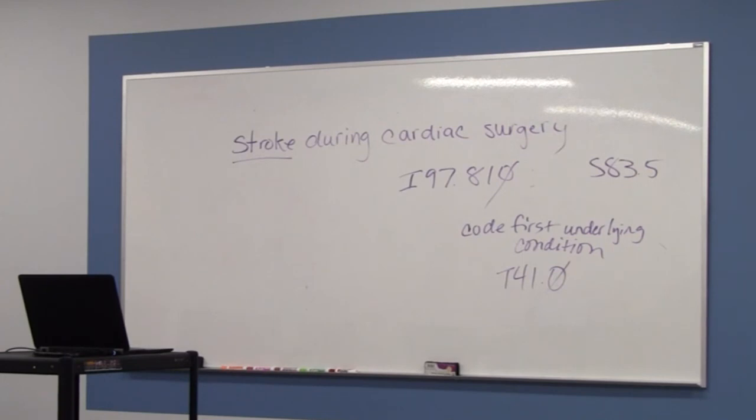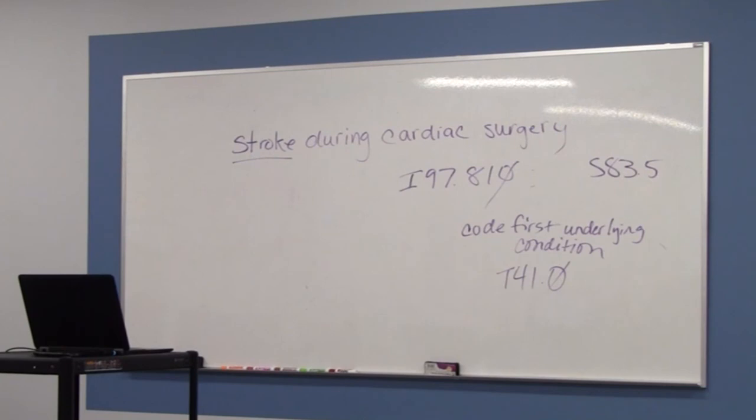Okay. So next to T41.0X, it says you need another digit. So I go down and I see T41.0X1, right? Because I have to have 7 digits on that code. That's what the book says. Those X's indicate a placeholder because each number means something.